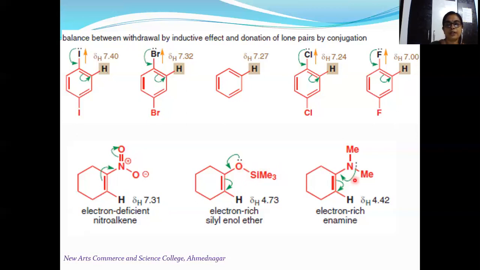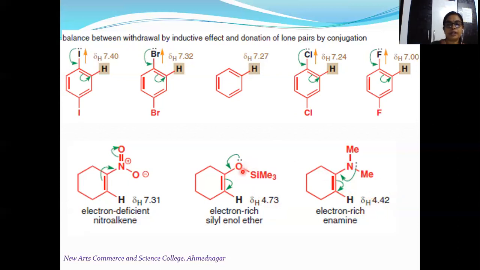In the same way, you are having a dimethylamino group which is also showing the electron donating resonance effect. It will shield the beta proton. The delta value is 4.42. Again, you can compare both the protons where electron donating resonance effect is there, where the protons are electron rich protons, but still the delta value of this proton is 4.73, and the dimethylamino proton is more electron rich. Its delta value is 4.42.